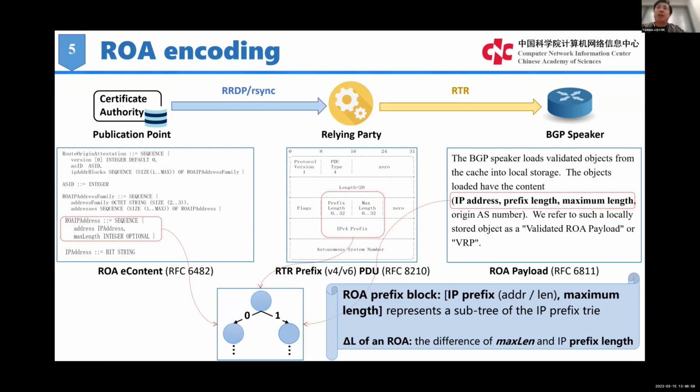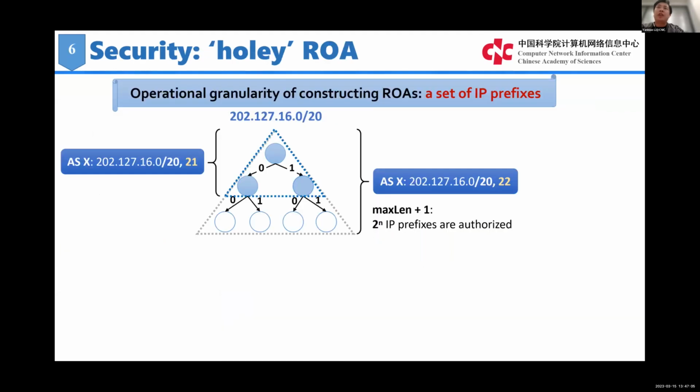Next, I will introduce some issues resulting from current coarse-grained management of ROAs. First, in constructing ROAs with maximum length encoding, increasing or decreasing the maximum length parameter by 1 may involve a set of IP prefixes.